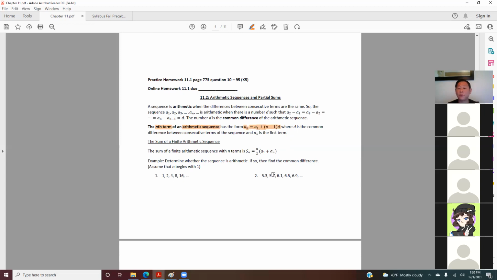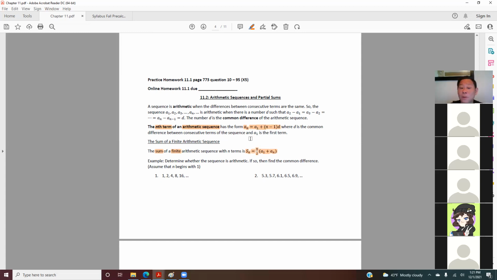The difference here is 0.4. And then 5.7 to 6.1, the difference is also 0.4. So the d in this case is 0.4, the common difference. If you want to find the sum of this finite arithmetic sequence, meaning you add them up, your formula is S_n equals n over 2 times (a_1 plus a_n).